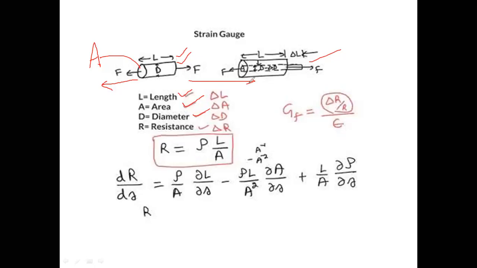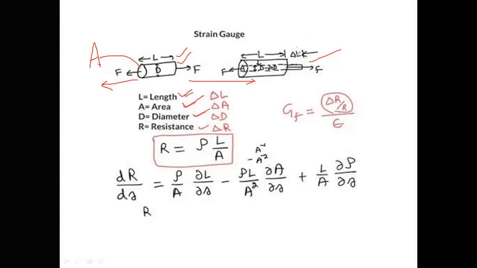So change in length is delta L and change in diameter is delta D.